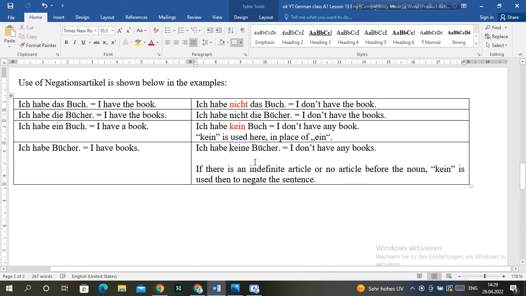That's why we have to take keine when we want to negate this sentence. That means kein or keine is used to negate a sentence when the sentence has a noun which has either an unbestimmten article or which doesn't have any article. Then we take the negations article kein to negate this sentence.